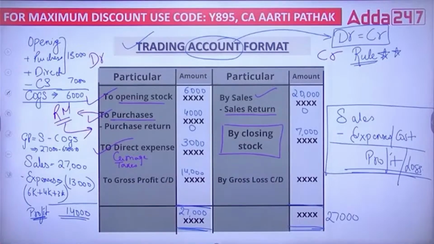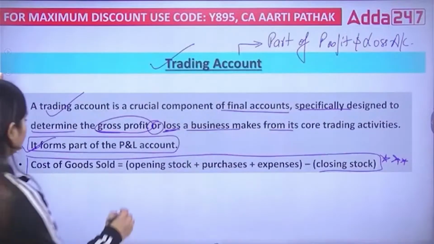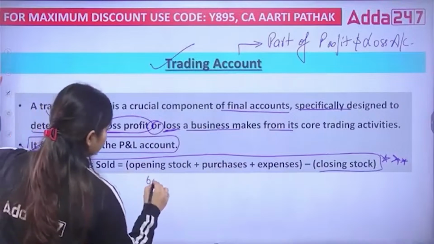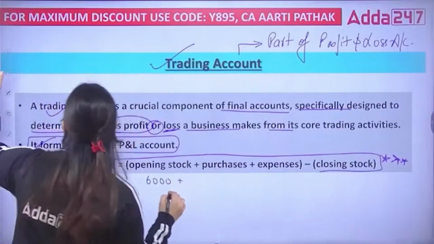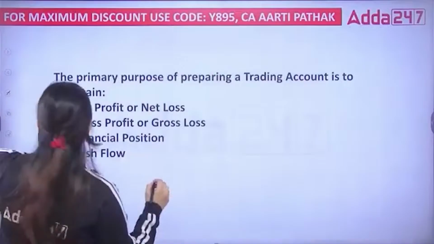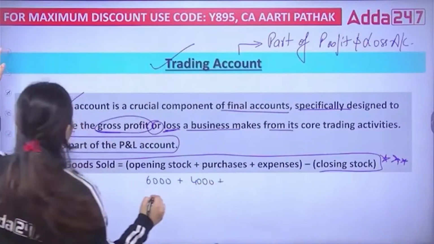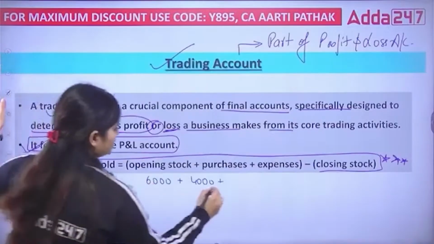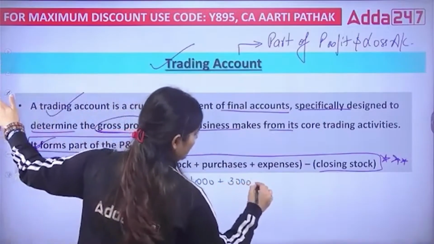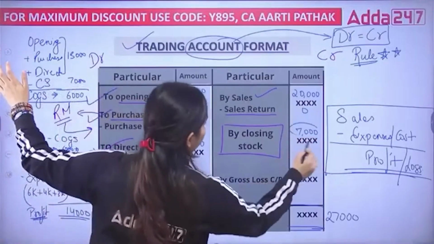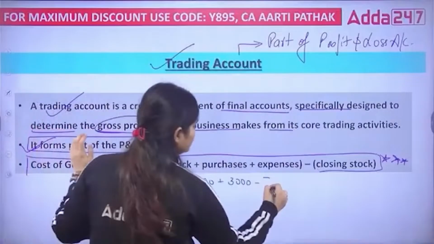Wait a second. See, cost of goods sold is what? That is opening stock. Let me write it here. 6,000 plus purchases is your 4,000 plus expenses is your 3,000. And if you subtract the closing stock, so closing stock is your 7,000.